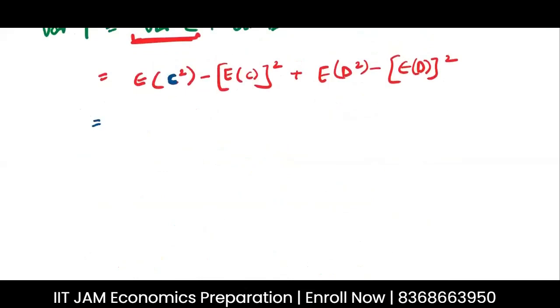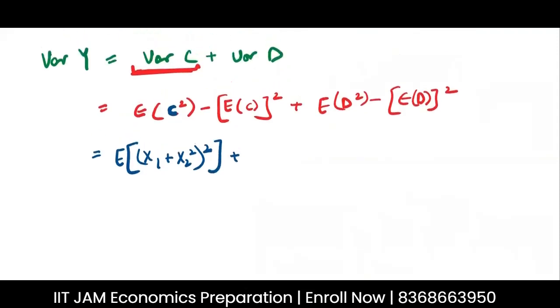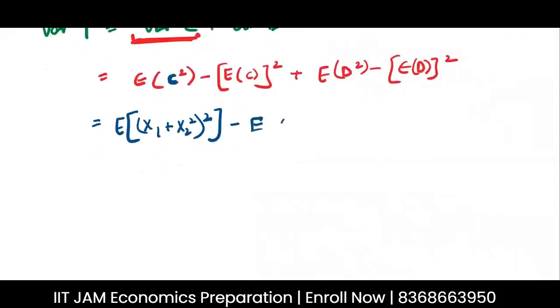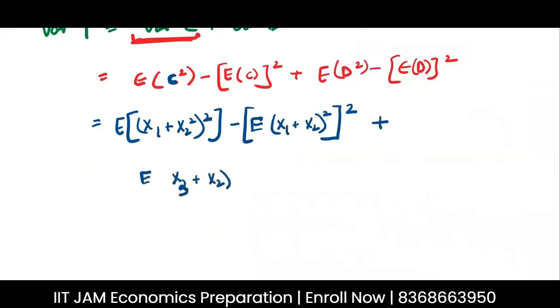So this is nothing but expected value of (X1 plus X2 whole square) squared, minus expected value of X1 plus X2 whole square, whole squared, plus expected value of (X3 plus X4 whole square) squared, minus expected value of X3 plus X4 whole square, whole squared.